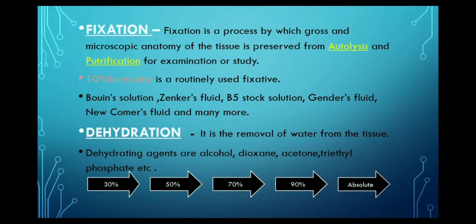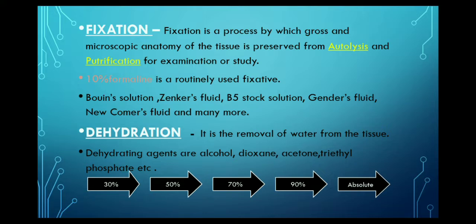To preserve the natural state, the tissue is immediately placed into a solution called fixative, and this whole process is called fixation. The common cause of poor cellular details in histological preparation are autolysis and putrefaction.